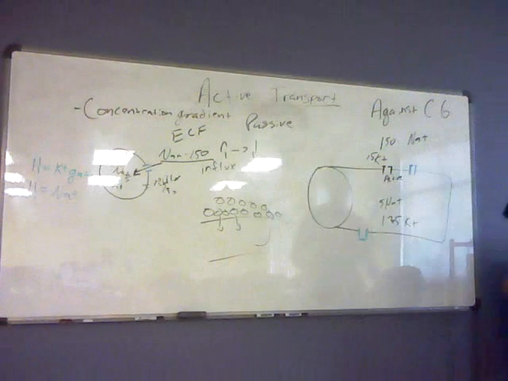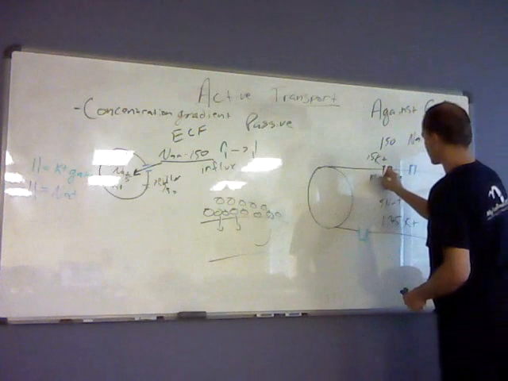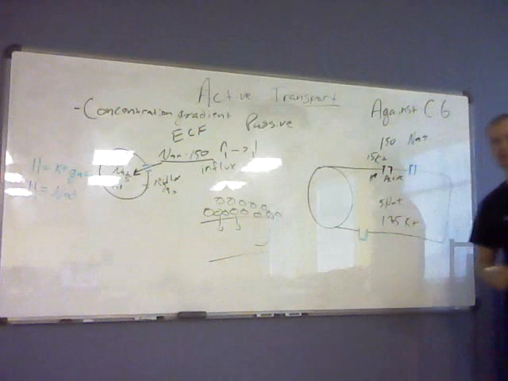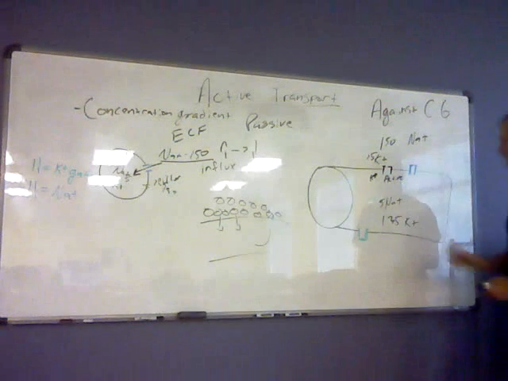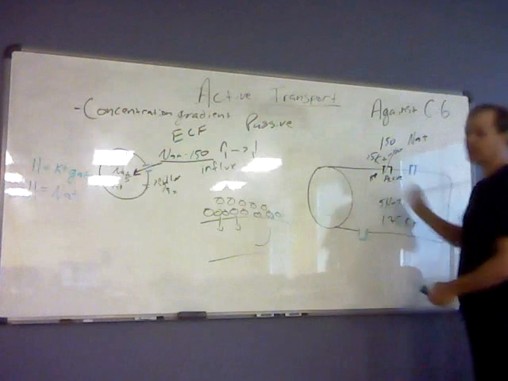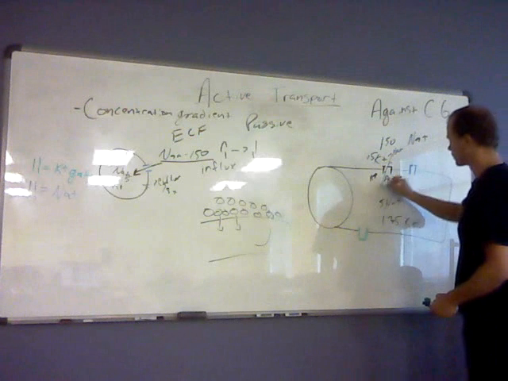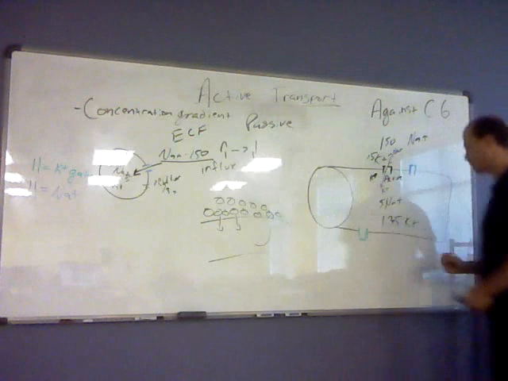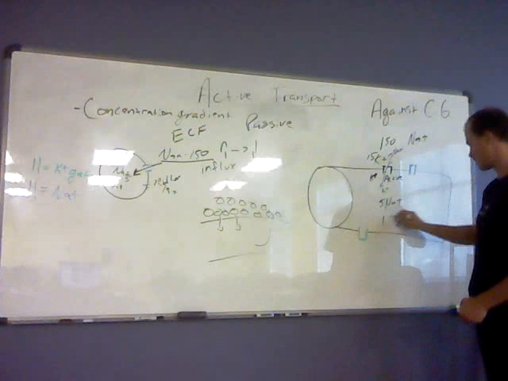So as a result, we're going to burn ATP. That's where the energy is coming from. Sodium is going to pump outward, and at the same time, potassium will also be pumped back in, again against the concentration gradient.